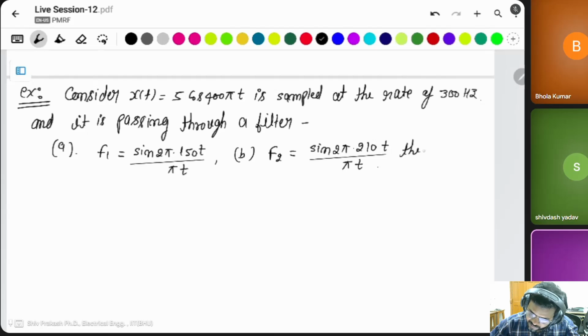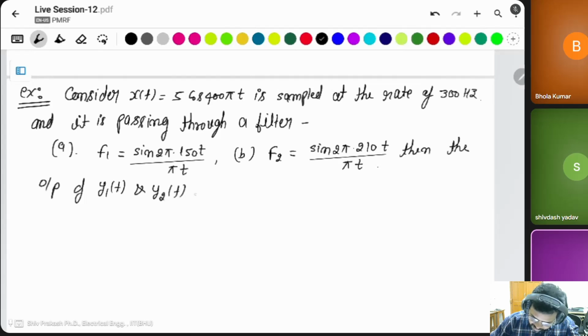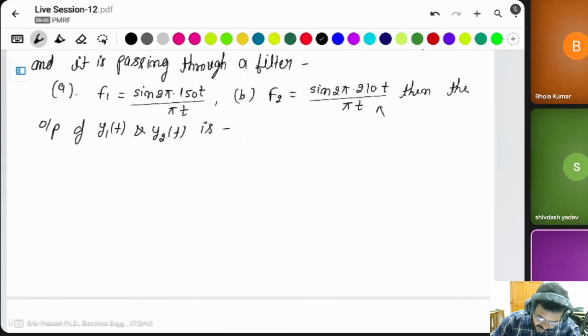Then the output of these is y1(t) and y2(t). The same signal passes through the first filter, then what is the output? If the same signal passes through the second filter, then what is the output? It means the question says this is 400 pi t and it will be sampled at a frequency of 300 hertz.